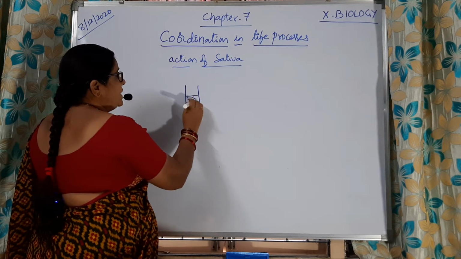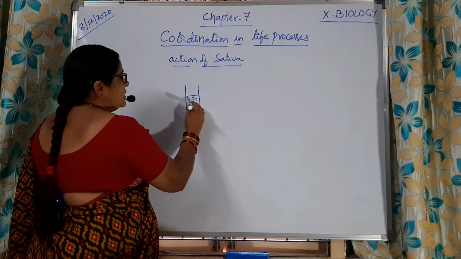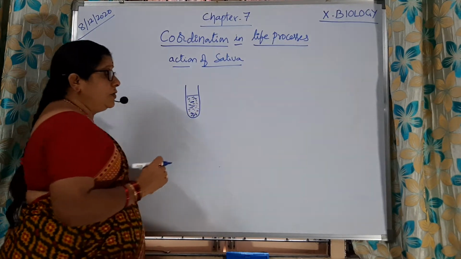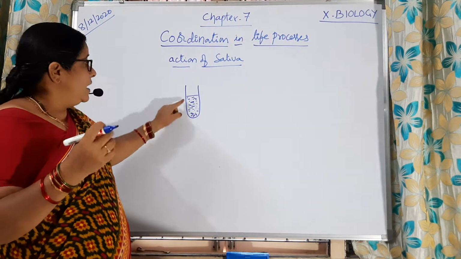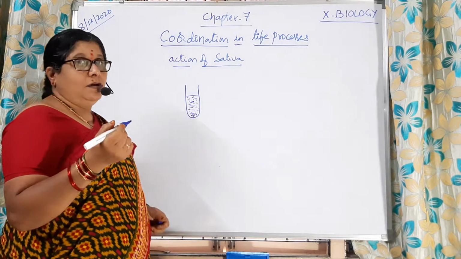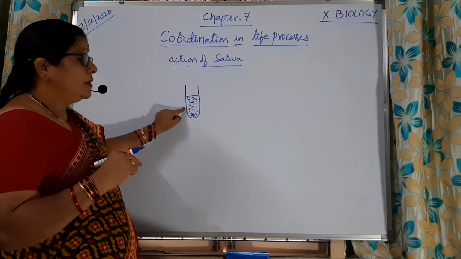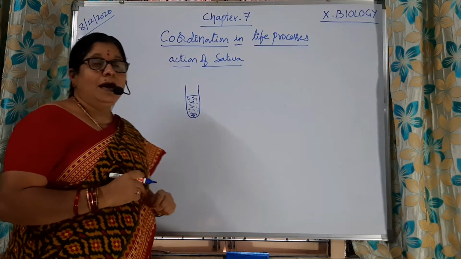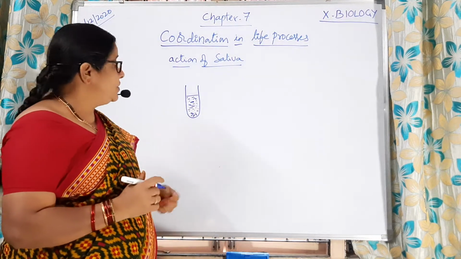We have to stir the wheat flour or rice flour, whichever we have taken, well with the help of a spoon or glass rod, so that the flour mixes with water and we get the wheat flour solution or rice flour solution.